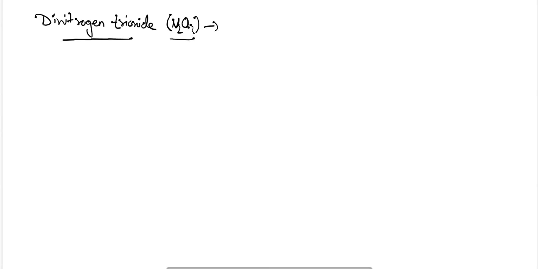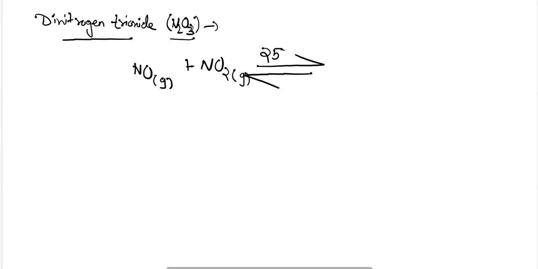The nitric oxide which is formed reacts with nitrogen dioxide to form dinitrogen trioxide. It is blue in color, and the preparation is confirmed by the blue color of the compound which has been formed.